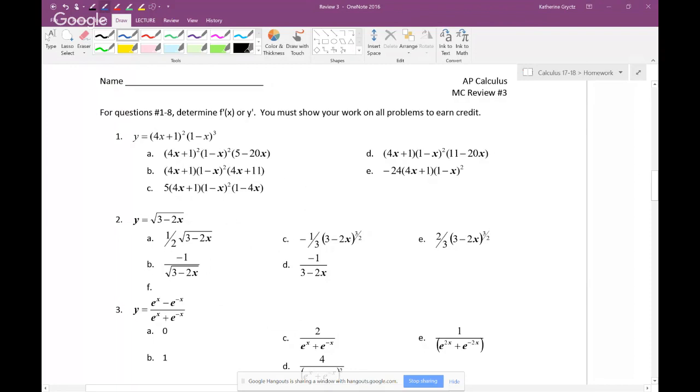Okay. So this is like the ones that we did a while ago where we had the chain of the product, and then you're going to want to factor out big chunks of things. Remember, like the bracket stuff? So they're not written like this, but you'll see like 4x plus 1s and 1 minus x's. The brackets.